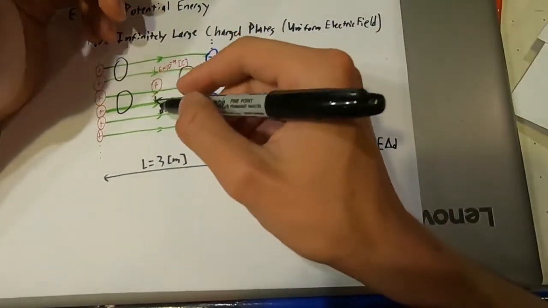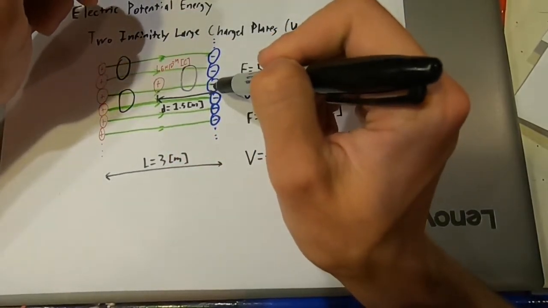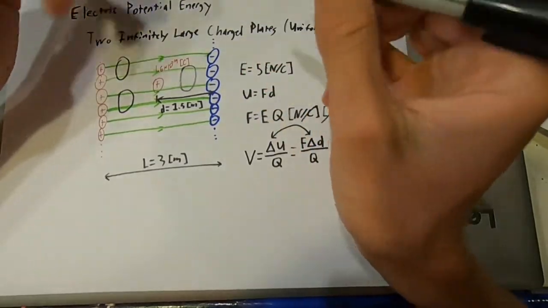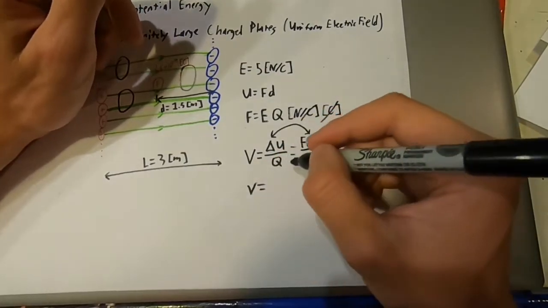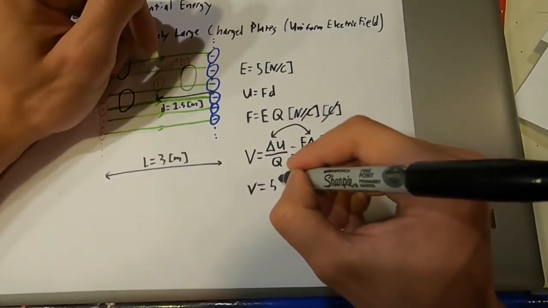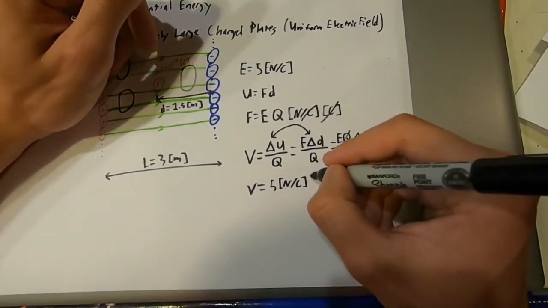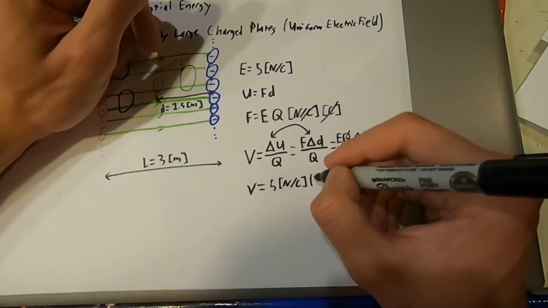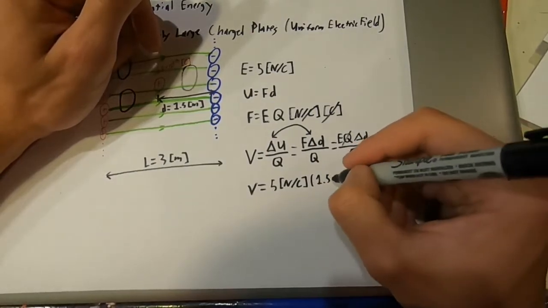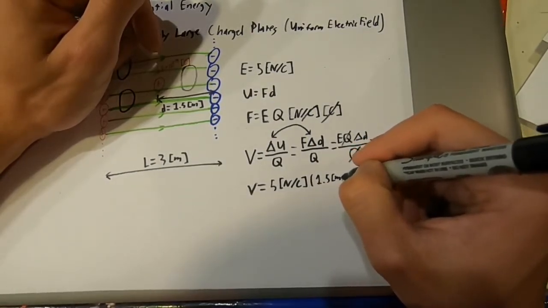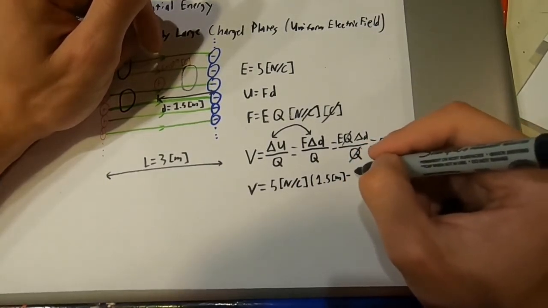So here, if we wanted to calculate what's the voltage between this point here and this plate, we would say that the voltage is equal to our field, 5 newtons per coulomb, times 1.5 meters minus 0 meters, right?